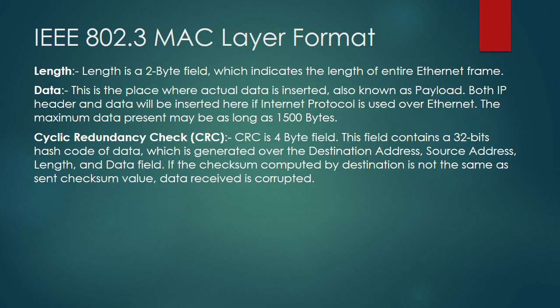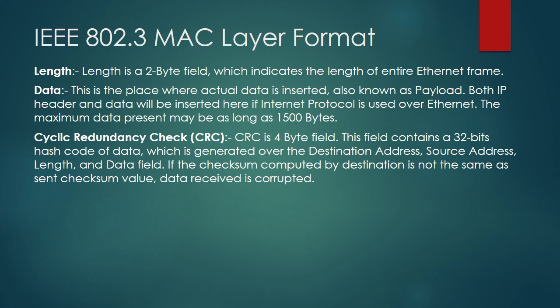The data field is the place where the actual data is inserted, known as the payload. Both the IP header and data will be inserted here, as Internet protocol is used over Ethernet. The maximum data may be as long as 1500 bytes. So data is here, and the LLC layer is also in the data field.